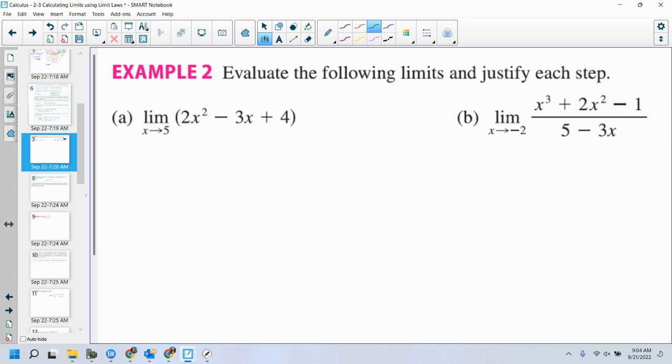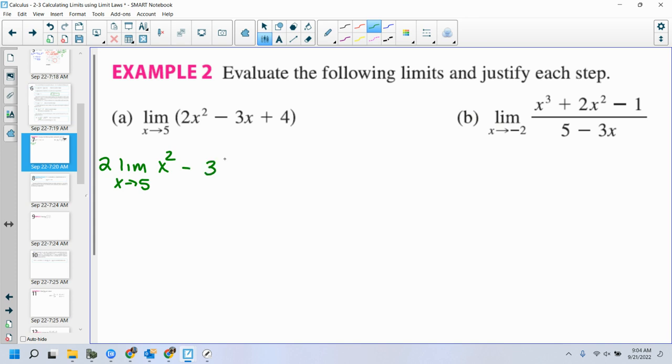All right. If I've got these operations, I can just distribute the limit in, right? That was the limit laws that we learned right at the beginning. The limit as x goes to 5 of, and I'm going to pull that 2 out front, of x squared. Forgive me for doubling up on that step.